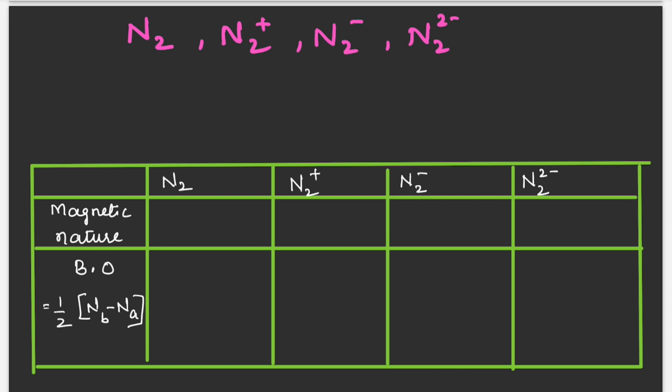So students, how many electrons does a nitrogen atom have? A nitrogen atom has 7 electrons. N2 will have 7 plus 7, which is equal to 14 electrons.